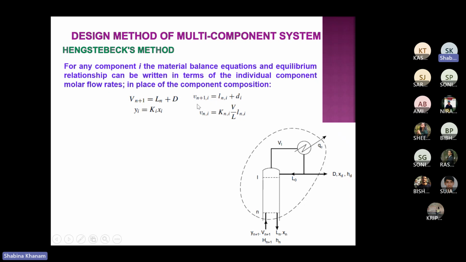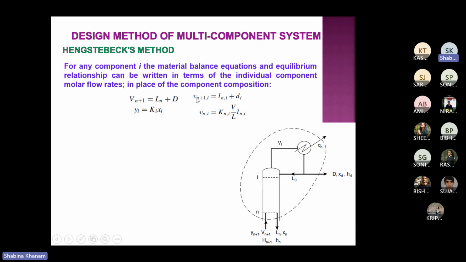Like this is for the ith component and its flow Vn plus 1 i, that should be equal to ln i plus di. It means that we are representing that with small letters, not the capital letter. Capital letter shows the total flow rate, and small letter shows the component individual flow rate.